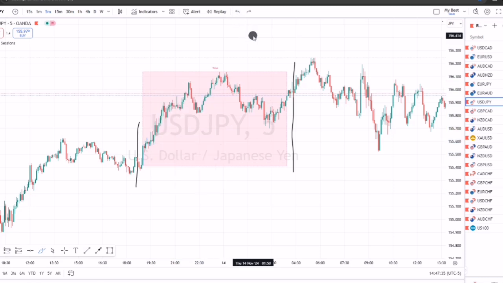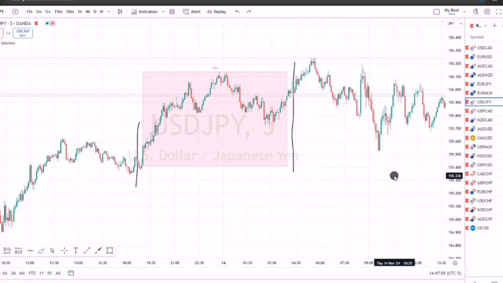And then another thing that you need to know as a beginner is that you see these pairs. There are a whole lot of pairs in the forex markets that you can trade, but they are not all there for you to trade. You have to choose the specific pairs that are suitable for your lifestyle. Let me put it like that.